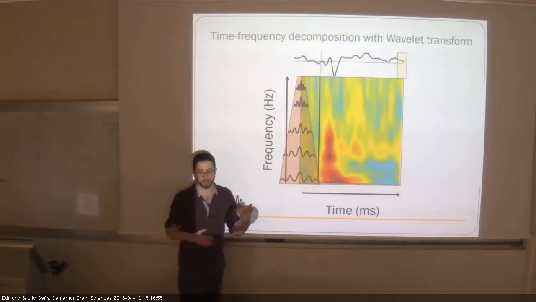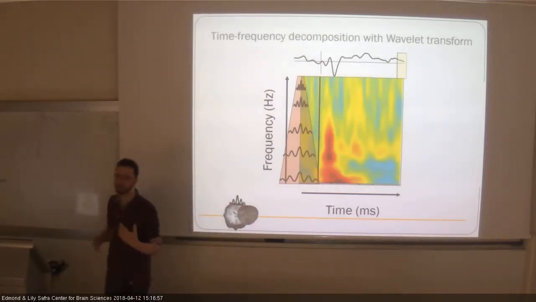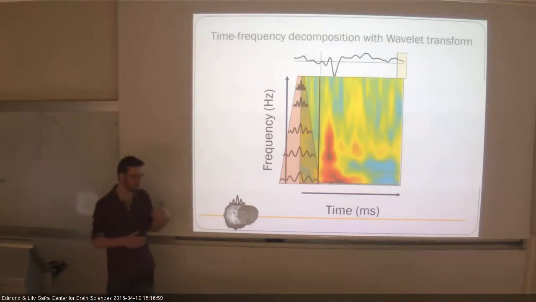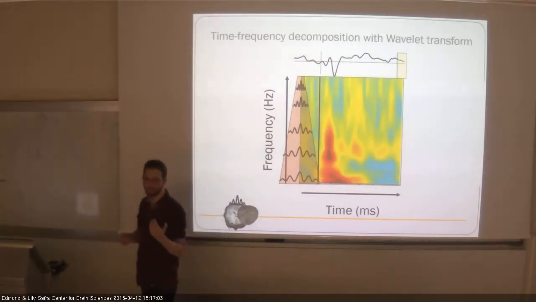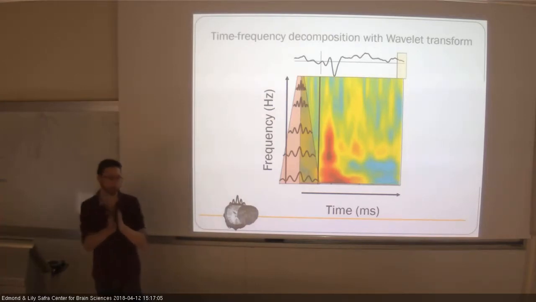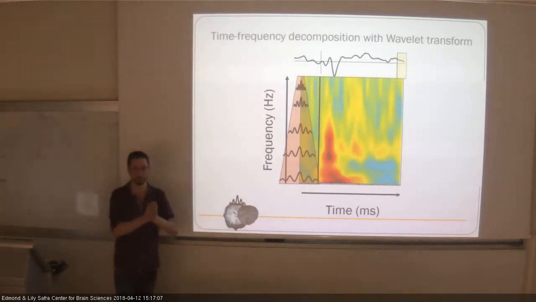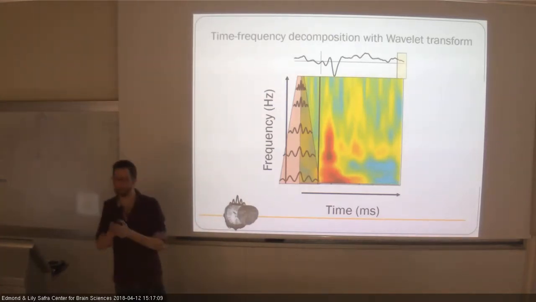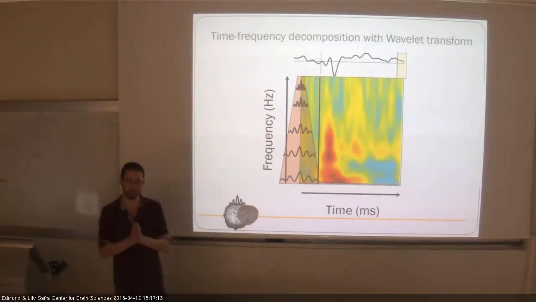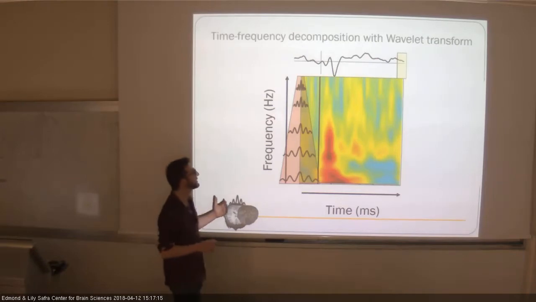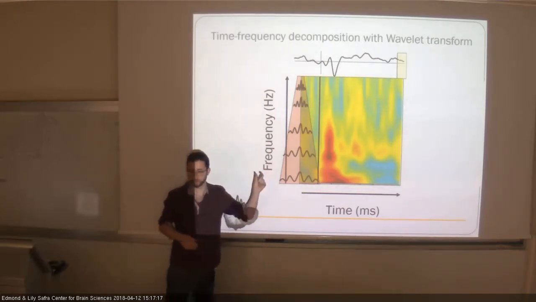So because of this property, when we talk about higher frequencies, we can talk about shorter temporal windows, and we can track the fluctuations in power with higher resolution. So it makes sense to use shorter windows for higher frequencies.